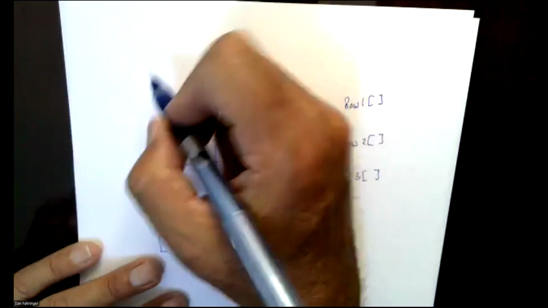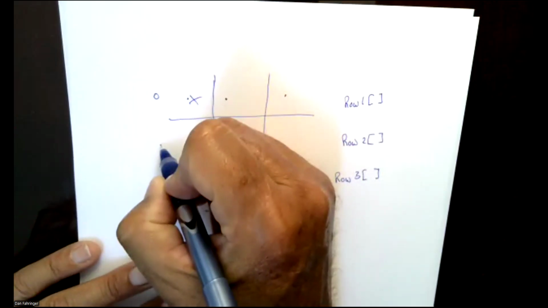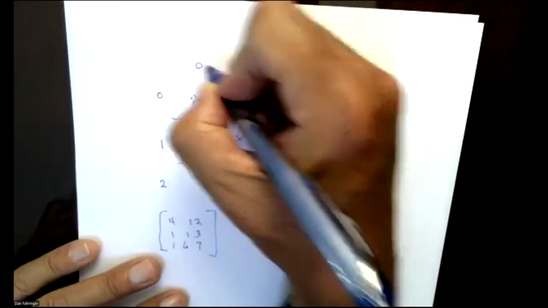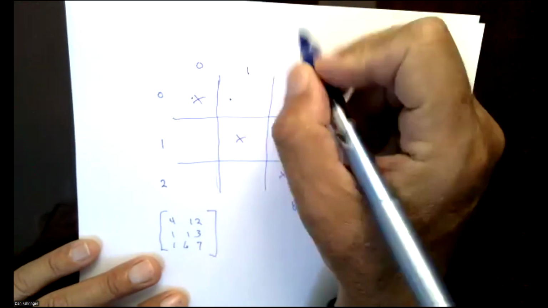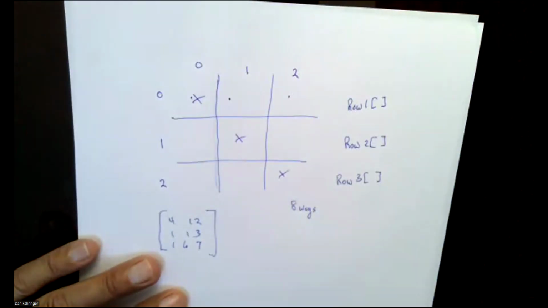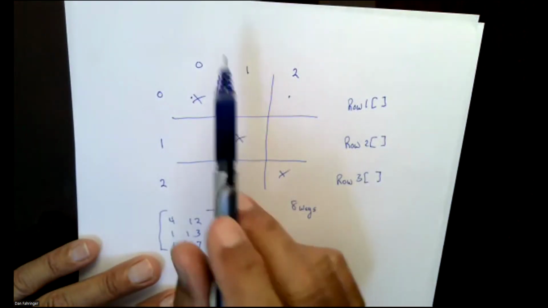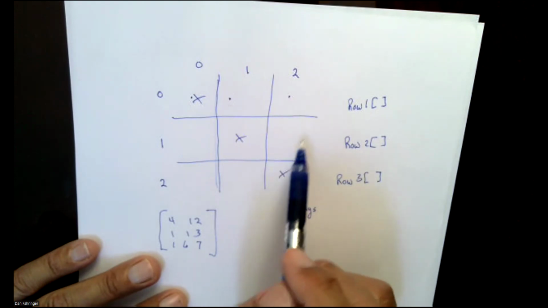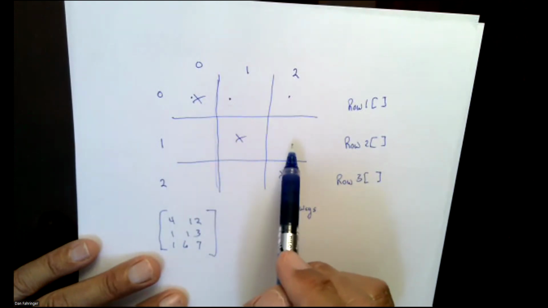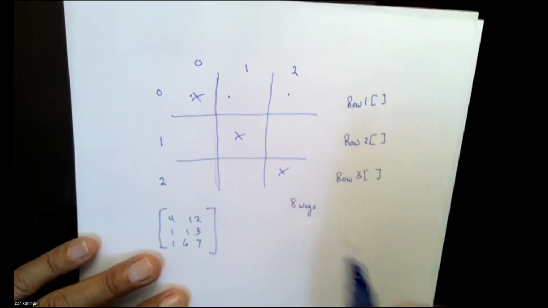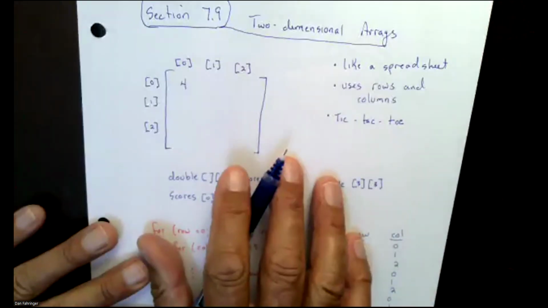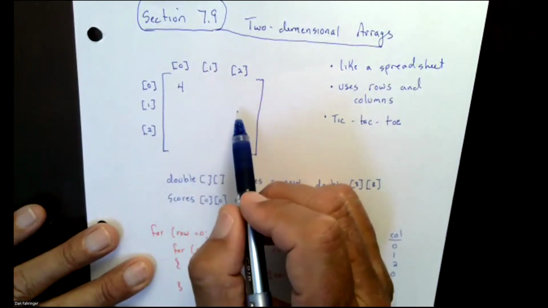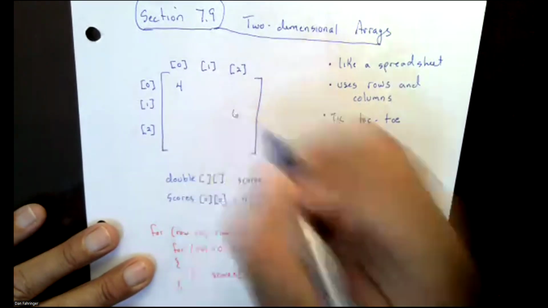Now, in our world, we know we're doing row zero, row one, and row two, but we're also taking a look at column zero, column one, column two. So we're going to use this thing called a two-dimensional array to get us to a location, like row one, column two. And what we're going to see in a minute is how we do that. So again, this is row one, column two. Here's the number 6.